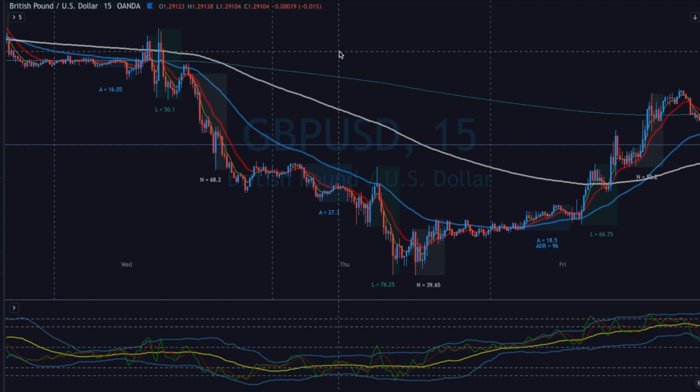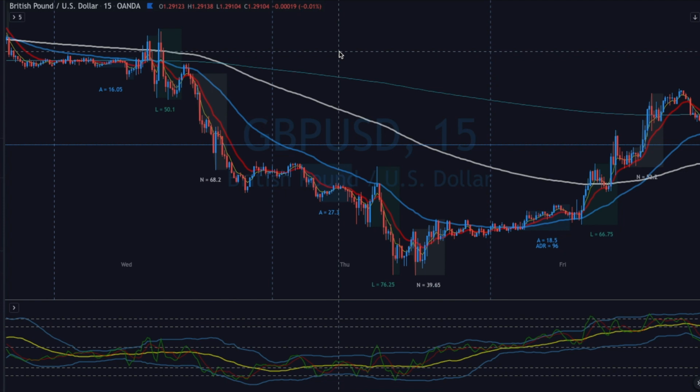We're not going to take trades solely based off of the TDI. We're just going to use it as another tool to confirm what we're thinking is going to happen or what we may be seeing in the market.